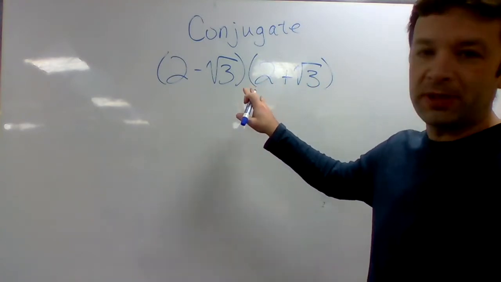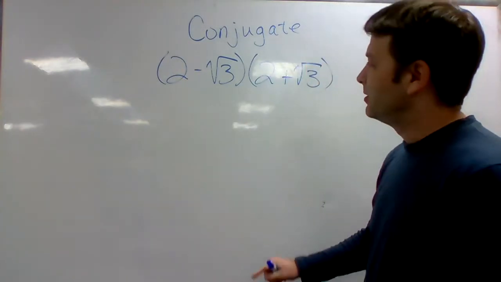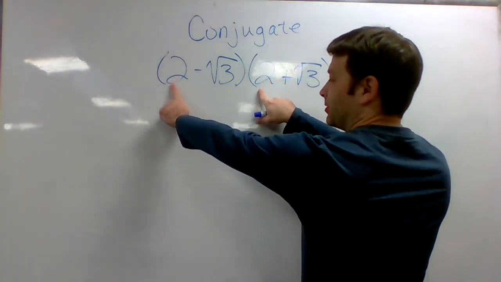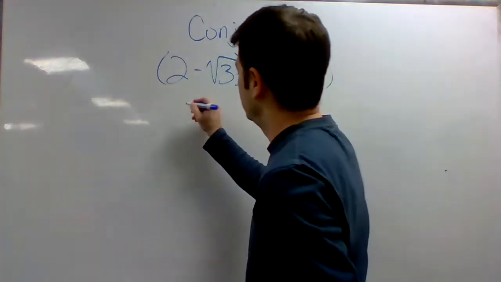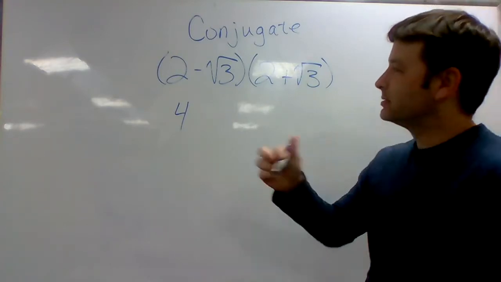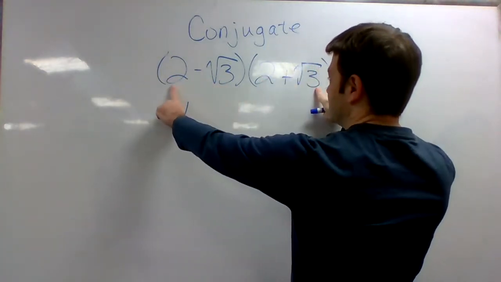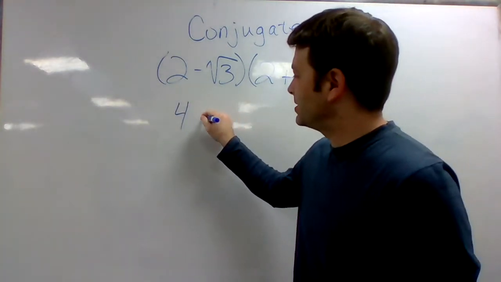So FOIL, remember, stands for first, outside, inside, last. First, the first terms in the parentheses are 2 and 2. What is 2 times 2? 4. Okay? Outside, going out, is 2 times square root of 3. 2 times the square root of 3 doesn't really simplify well.